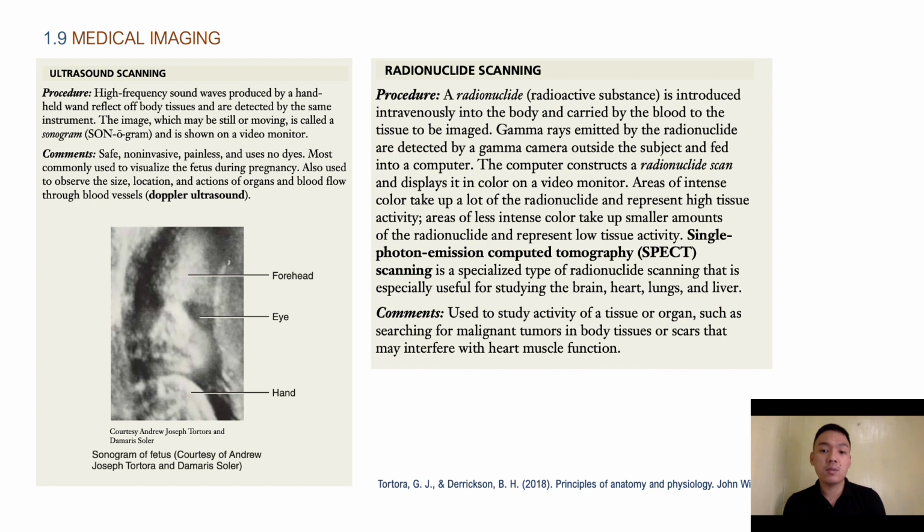This also uses single photon emission computed tomography, or SPECT scanning, a specialized type of radionuclide scanning that is useful for studying the brain, heart, liver, and lungs. Some of the activity of tissues or organs, such as looking for malignant tumors in body tissues or scars that may interfere with heart muscle function.